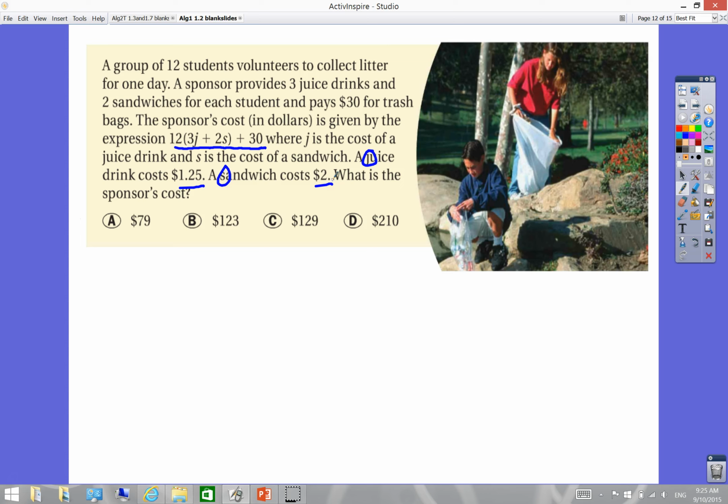So plug it in, simplify. 12 times, 3 times 1.25 plus 2 times 2. And notice I just used parentheses inside of parentheses. I didn't even use the square brackets.